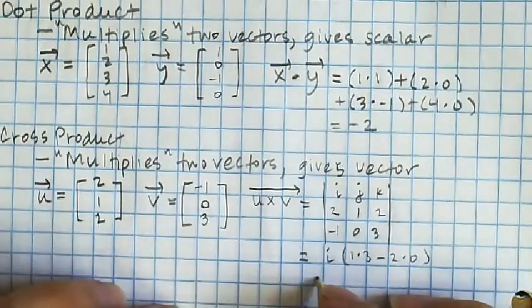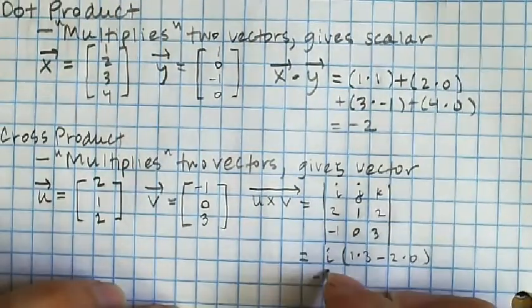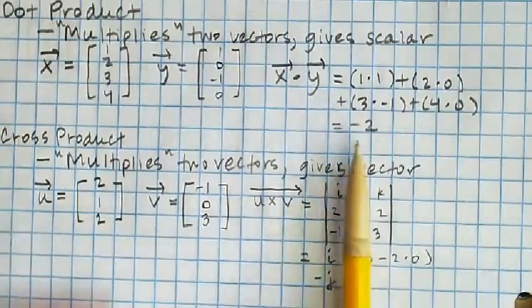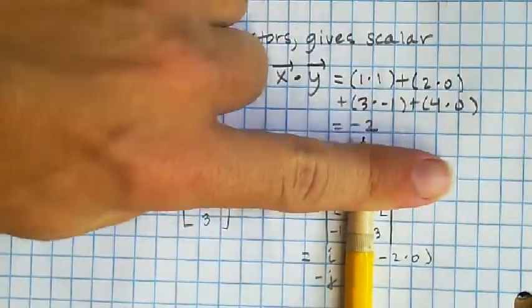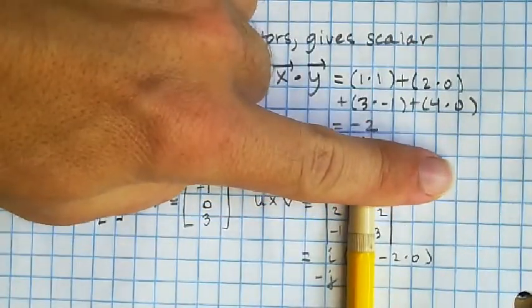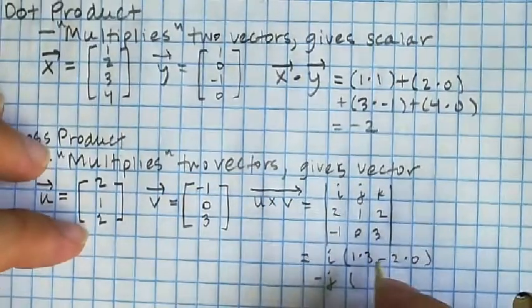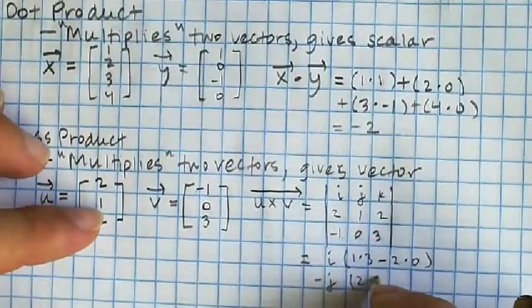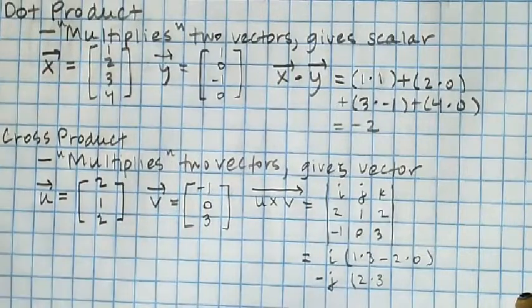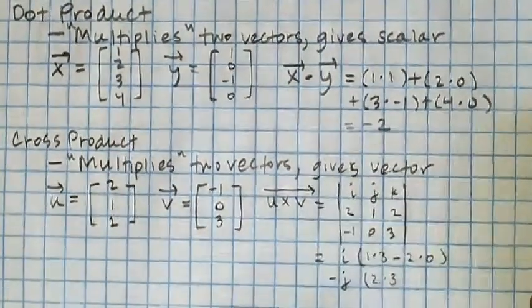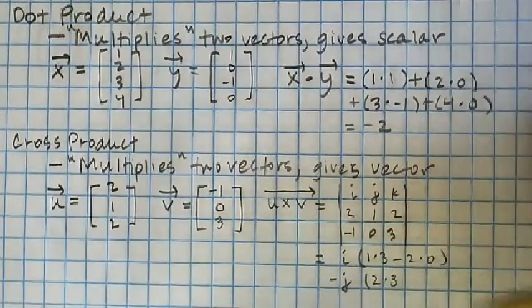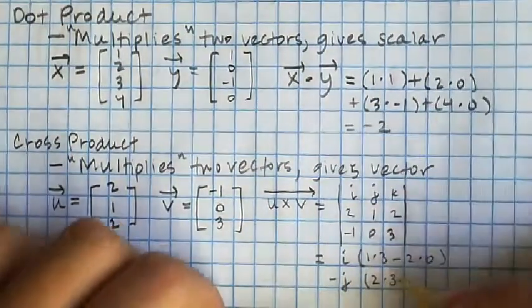Then you subtract j times the same thing when you cover up like that, so 6 minus negative 2. The reason it's negative j here is something you will find out later in this course, because really what we're doing is taking the determinant of a 3 by 3 matrix. But that's a different discussion.